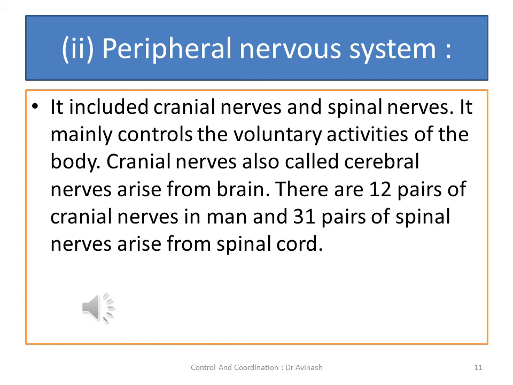So from brain there will be 12 cranial nerves which are coming and pass to the different parts of the body, whereas 31 pairs of spinal nerves arise from the spinal cord. स्पिनल कॉर्ड से बॉडी की डिफरेंट पार्ट्स की तरफ 31 pairs of spinal nerves are present. Okay, so very importantly, information collection and passing of the message will be done with the help of peripheral nervous system.